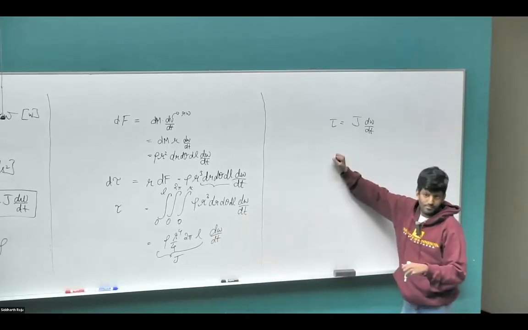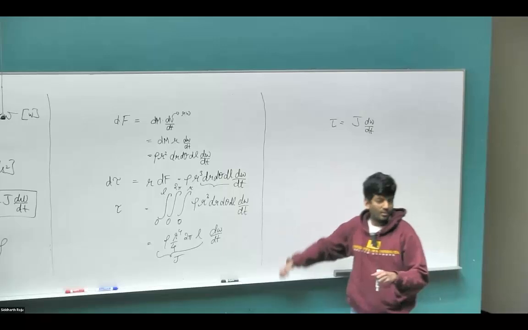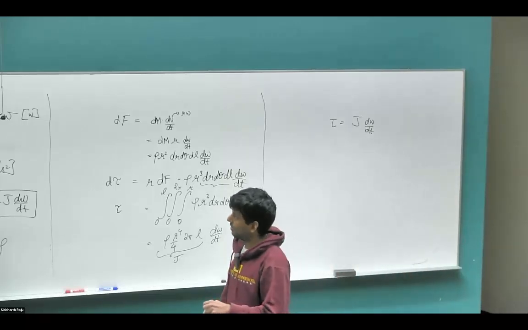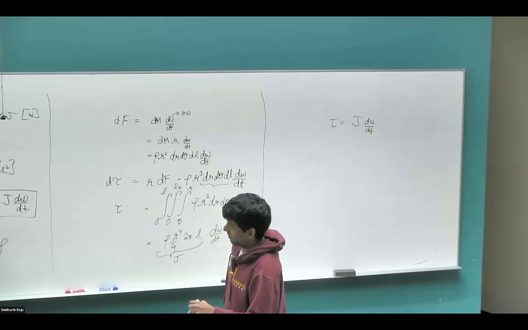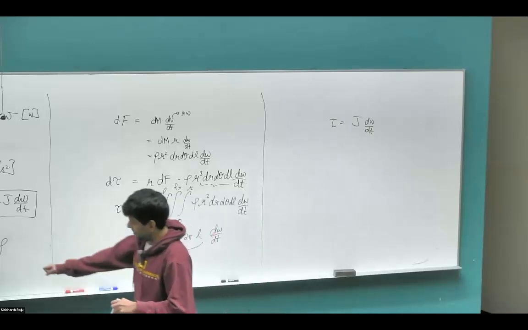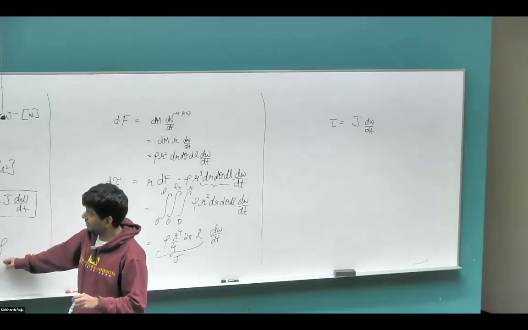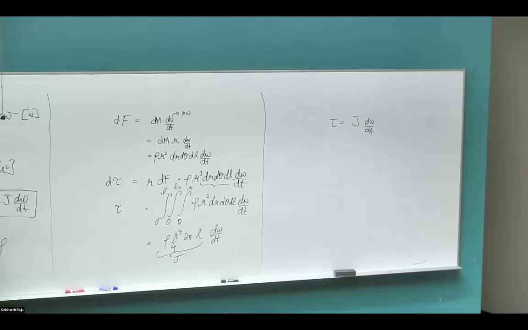Anybody got any questions so far? Is there a reason you put the mass all the way on the outside? Which expression? This dm one? I'm talking about the actual diagram, like your picture, your arrow.